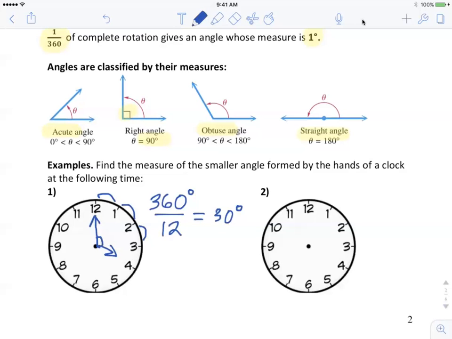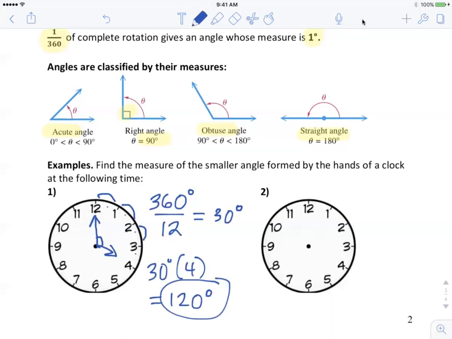So each of those 5-minute intervals is 30 degrees. And if I count them, 1, 2, 3, there are 4 of those in my angle. So I would take 30 degrees, multiply that by 4 to get 120. Final answer.